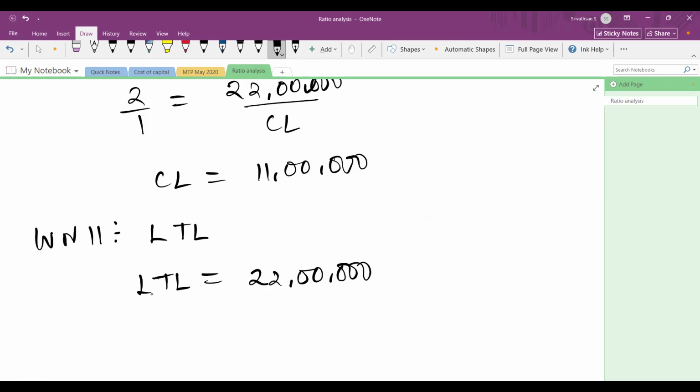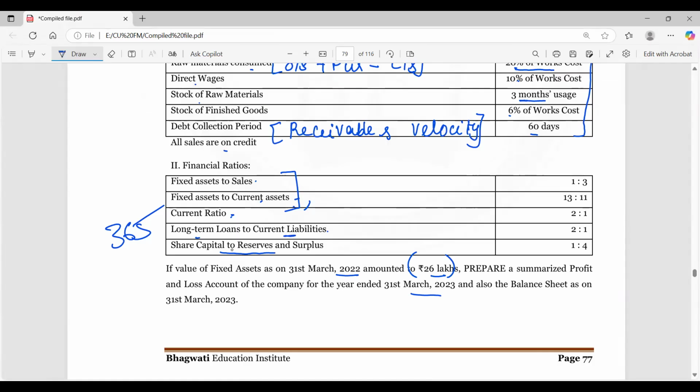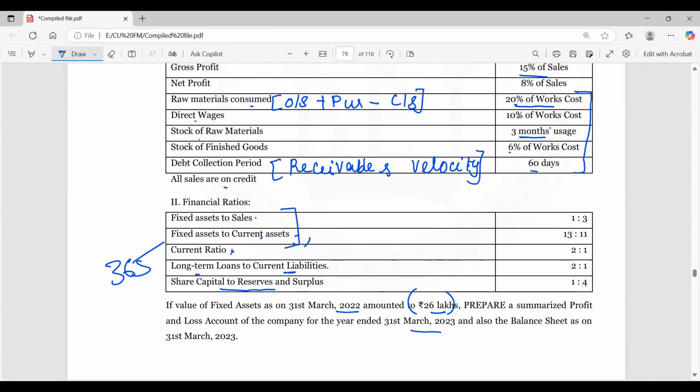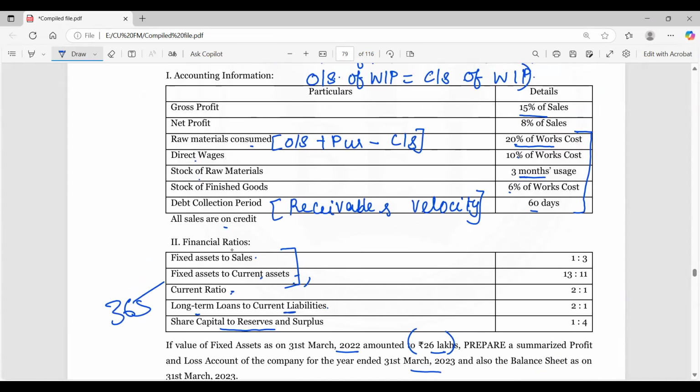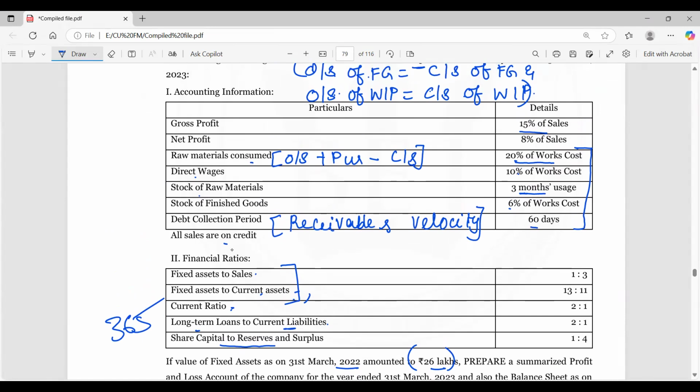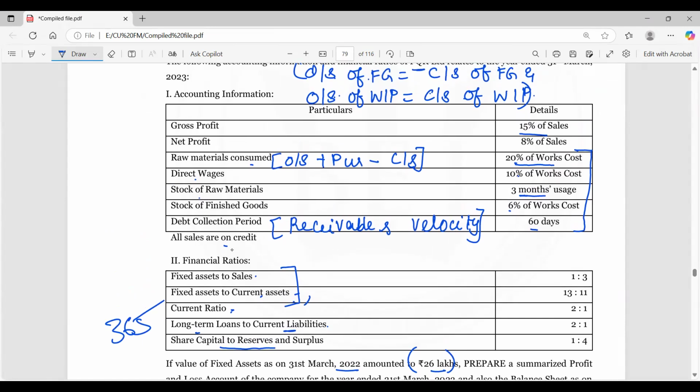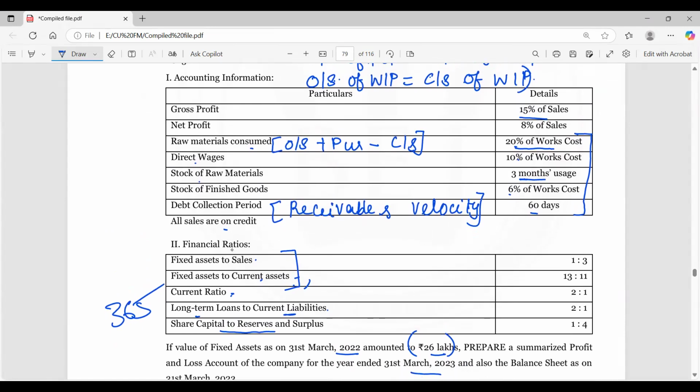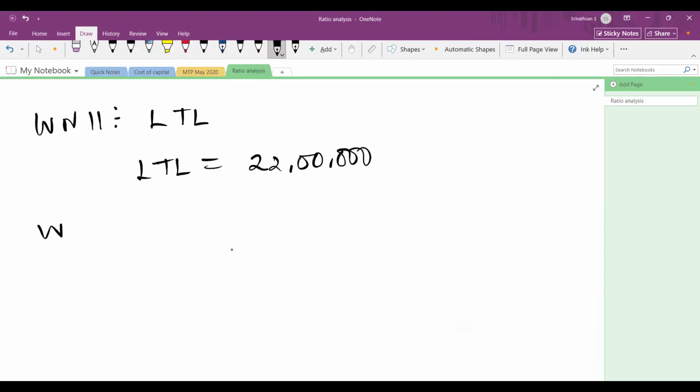Then what else do we have? We have share capital to reserves and surplus. So here, how can we calculate equity? Assets minus. So fixed asset plus current asset will be equal to total asset. From that, if we subtract the amount of debt and current liability, we will get equity. So working note number 12, equity.